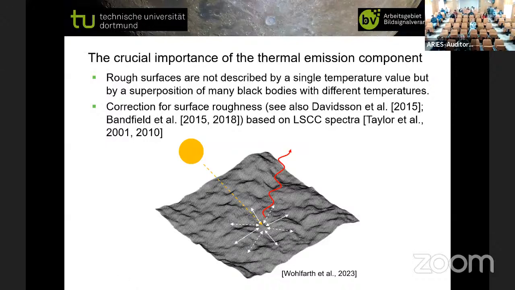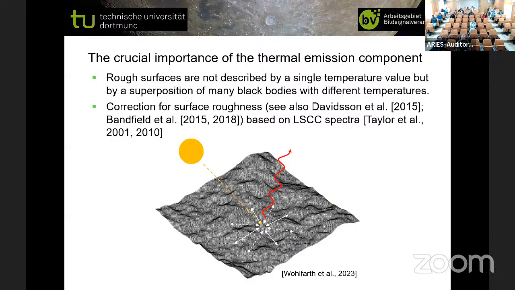So depending on the temperature of the body, from a certain wavelength on, the light that we see is not just reflected sunlight, which we are interested in, but also thermal emission of the surface. And in principle, that is a physically well-behaved problem, at least for a smooth surface. You have incoming energy, you have outgoing energy.